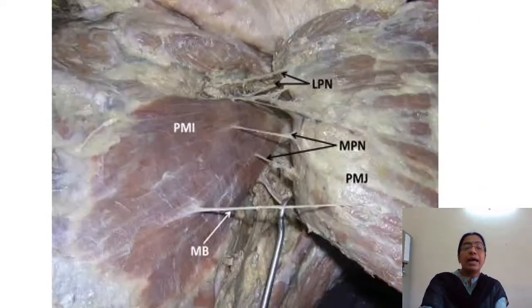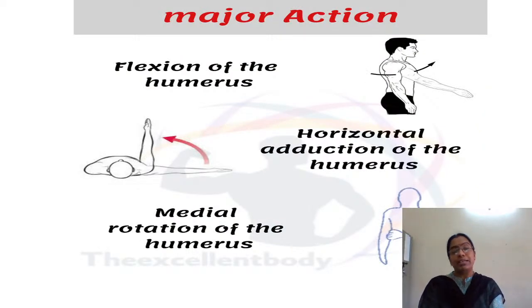When you see the action of the muscle, what is the action of the pectoralis major? The pectoralis major as a whole is helpful for medial rotation and adduction of the humerus. Next, the clavicular head of the pectoralis major is helpful for flexion of the humerus.